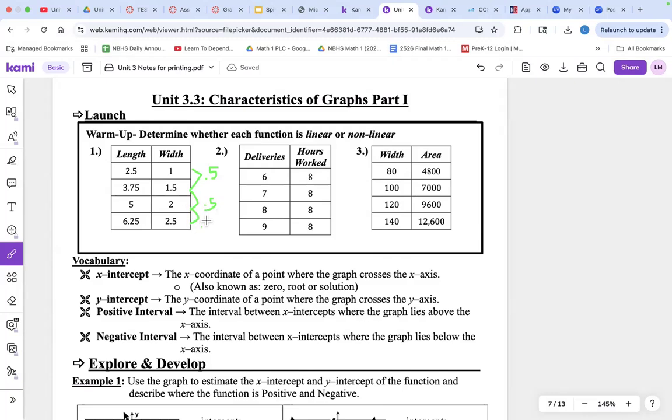Okay, good. So this is the same continuous. And what about over here? I'll give you a little minute. And if you're struggling, remember this is $2.50 and this is $3.75. Good. So a buck and a quarter.